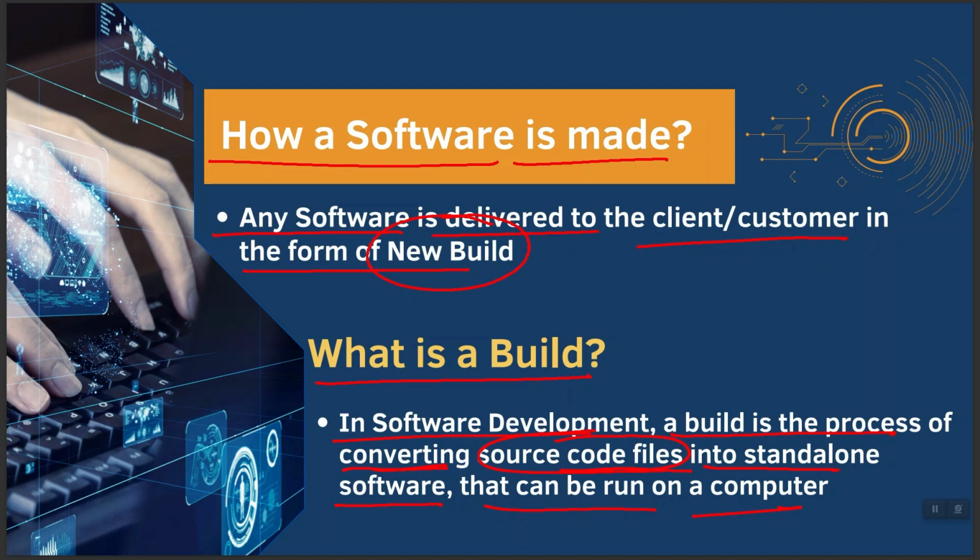It may be only accessible in the VM provided by the client using the VPN to connect with that VM. So every new feature is delivered in the form of a new build, which always has the information of the versioning and the newly added points in the new version.